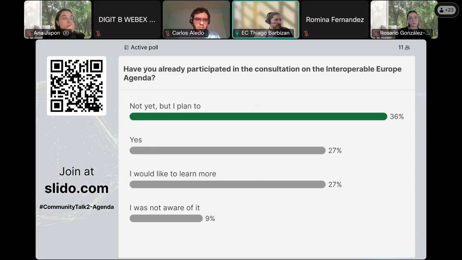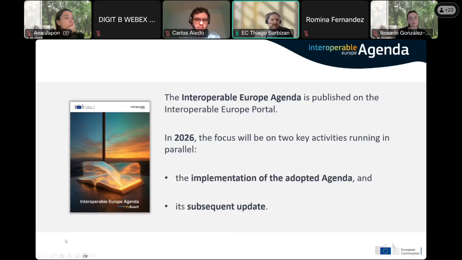So if we go to the next slide, we have, as I said, the Interoperable Europe Agenda. It's published and available in the portal. So we have two streams of activities running in parallel in 2026: the implementation of this agenda that was adopted by the board, and the work to update the agenda for 2027.